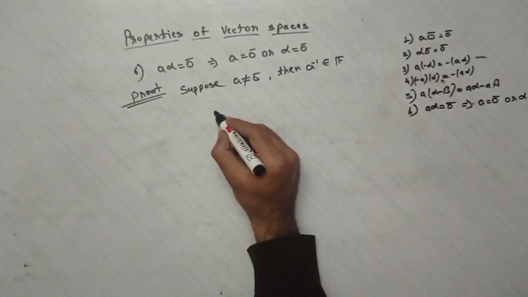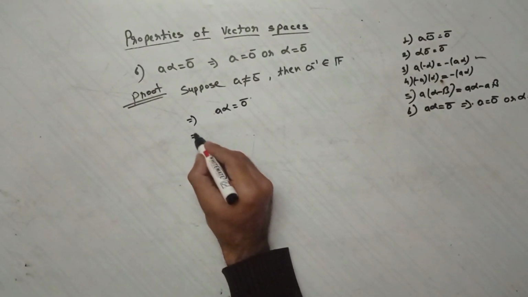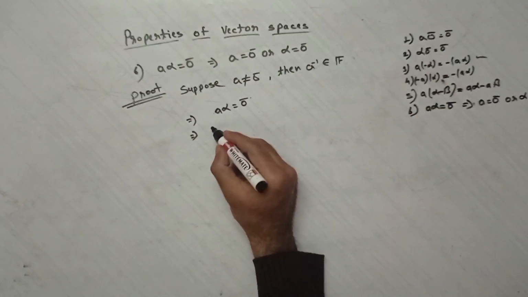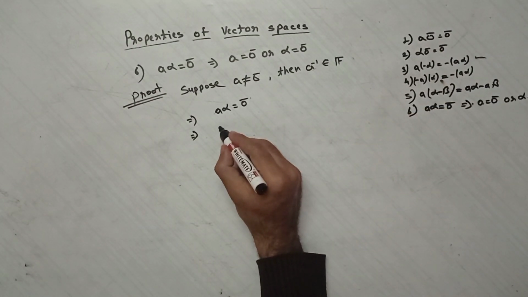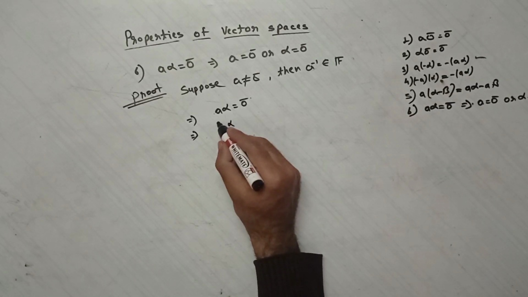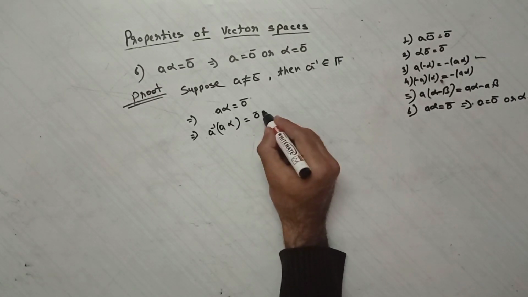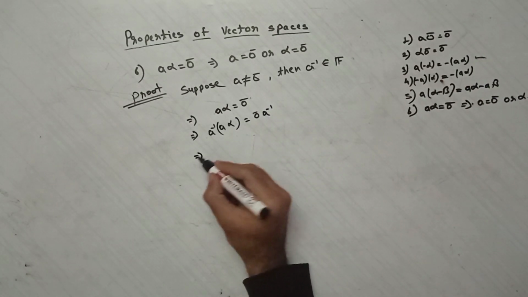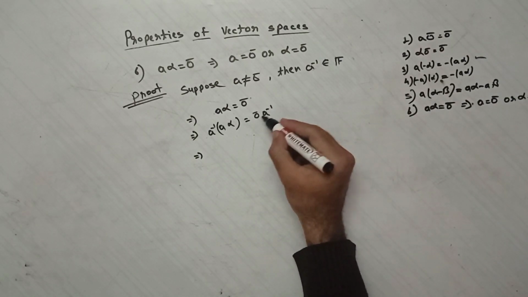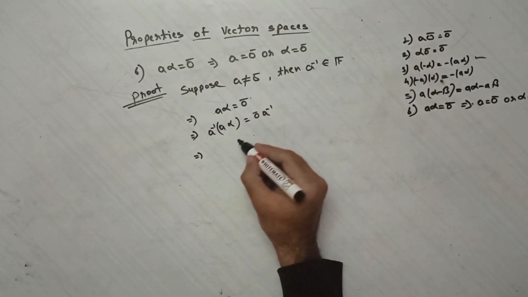We take a is not equal to 0, which means a alpha equals 0 vector. Next, we have a inverse also, so multiplying a inverse on both sides, a inverse times a alpha equals a inverse times 0 vector. By the above property, this also goes to 0 vector.